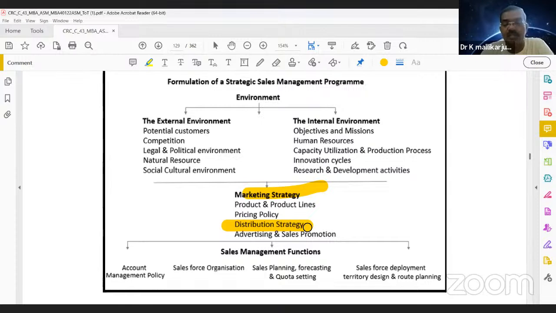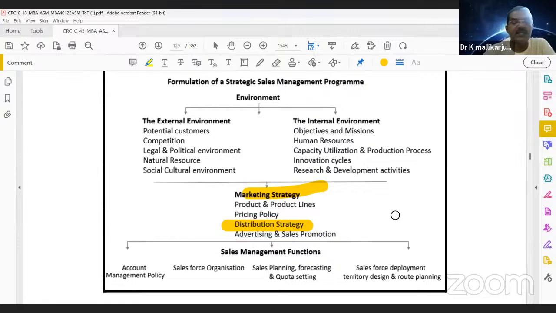A very fair logistic system is required. Advertising and sales promotion. The company has to spend an amount on advertising to increase the company brand awareness, and sales promotion, right? All are required in marketing strategies.